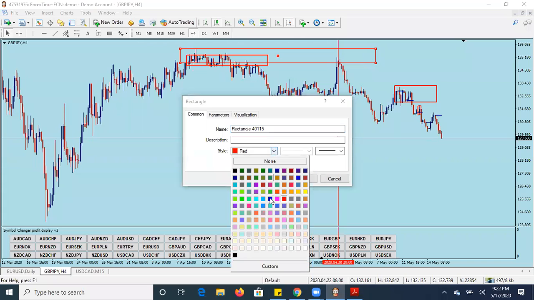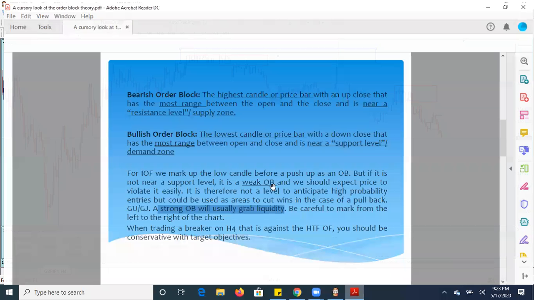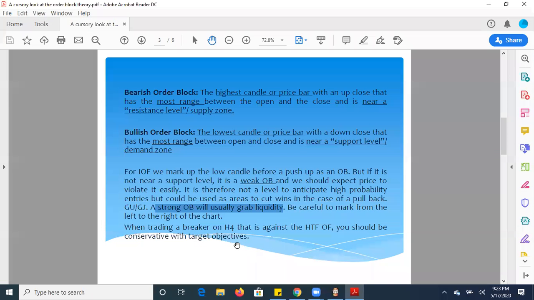This would usually be blue. You should consider the candle with the highest wick, the price bar with the highest wick, irrespective of the color, right? So let's move on. So when trading a breaker on H4 that is against the higher time frame order flow, you should be conservative with your target objectives, and we'll explain more of that in the next slide.